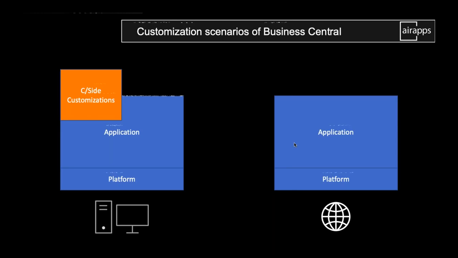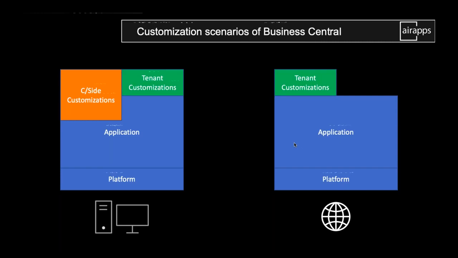There is no option to open C/SIDE and develop in C/SIDE in Business Central Cloud. The second option, which is similar on-prem and cloud, is tenant customizations. We will go deeper into tenant customizations today. You can create tenant customizations for on-prem and for cloud. And one more option that is available only on cloud: you can install apps from AppSource. You cannot install apps from AppSource on-prem.